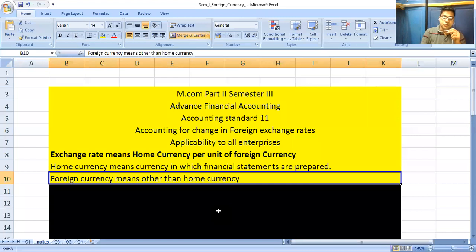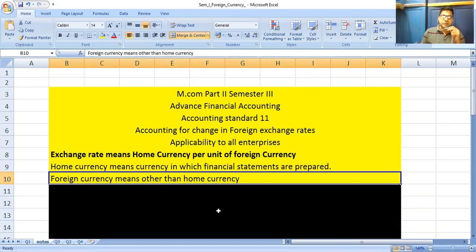In European countries, the euro is a foreign currency. In Japan, the yen is a foreign currency. So what do you mean by foreign currency? Foreign currency means other than home currency, which is not our currency, which is other countries' currency. It is called foreign currency.